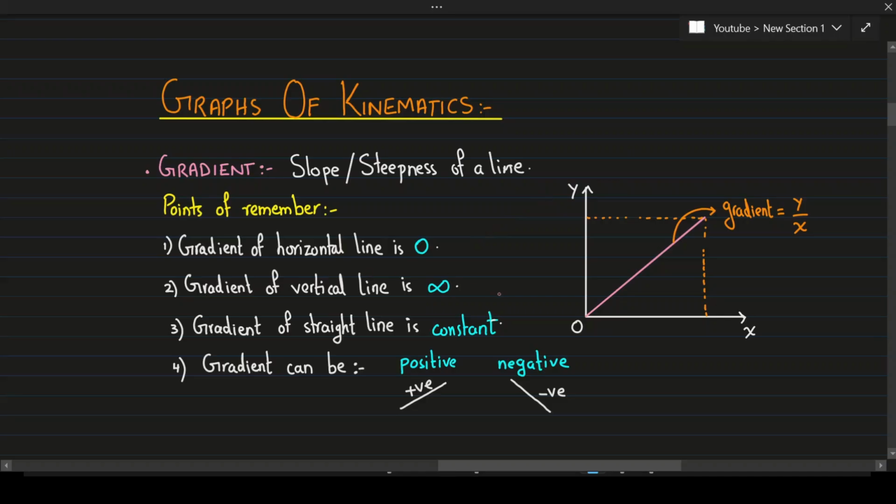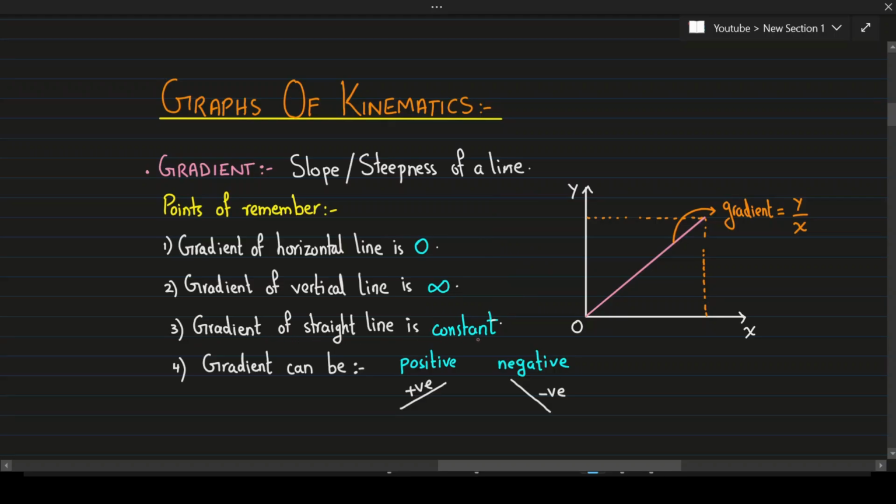Then if a line is fully vertical, straight, it means that it is fully inclined at 90 degrees, and now its gradient is infinity. It's very large. You can take it like this: it's 0, then the gradient increases, and then it reaches infinity. You can grasp the concept like this.